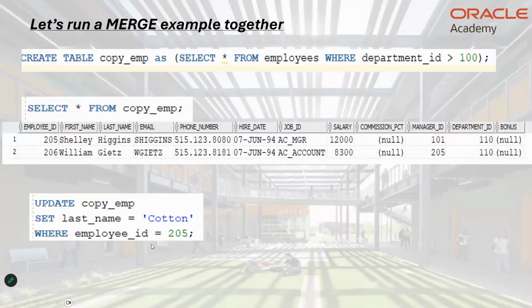All right. So what we want to do, go ahead and update your copy table, set last name equal to Cotton for employee ID 205. For Higgins, we're going to change her last name to Cotton. Nice little practice update. Y'all probably type faster than me, right?